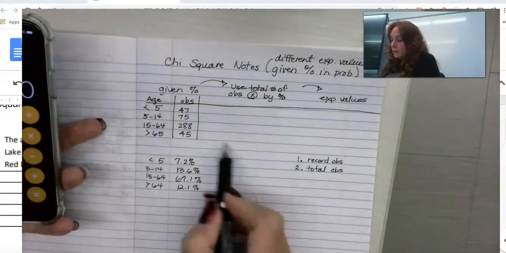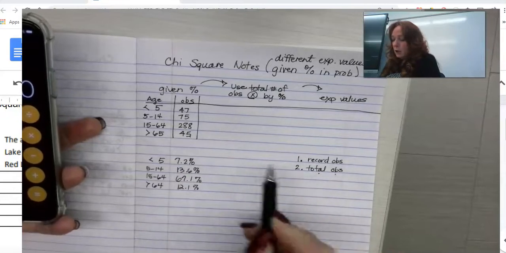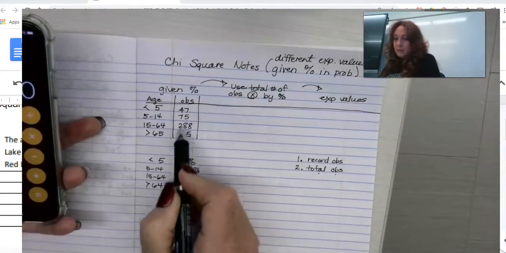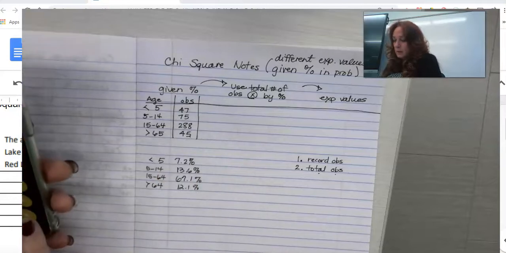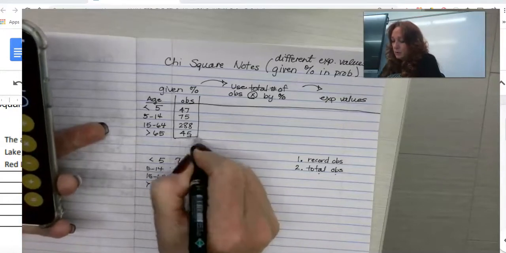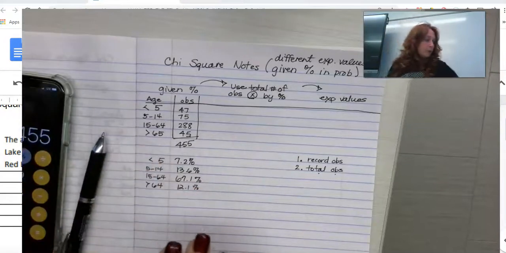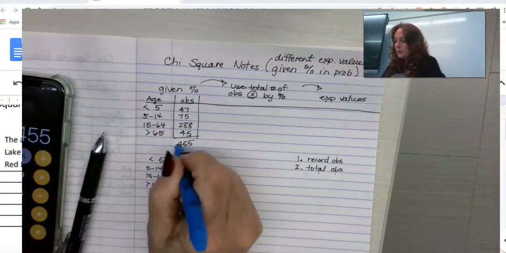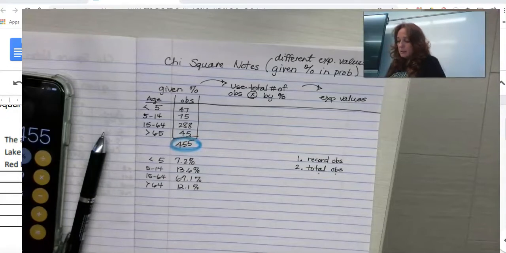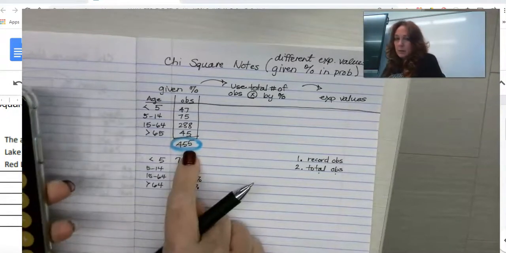So the first thing I did, I recorded my observations. Now I'm going to get the total. I know they told me it was 455, but I'm going to add anyway. So 47 plus 75 plus 288 plus 45. And sure enough, there's 455. That number is extremely important, because you're going to base all of your expected values on this number.